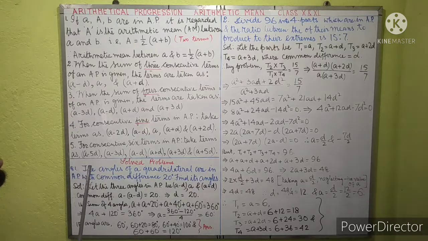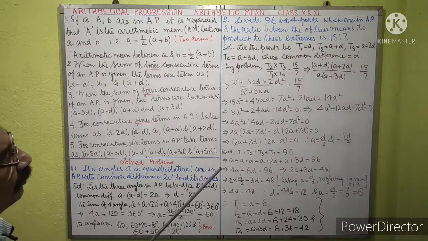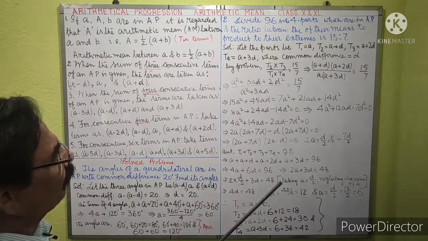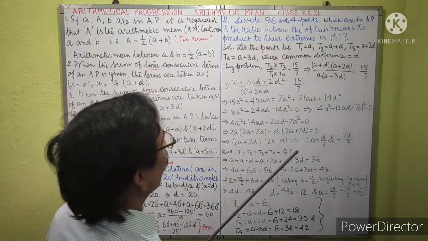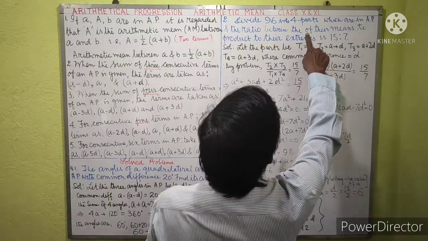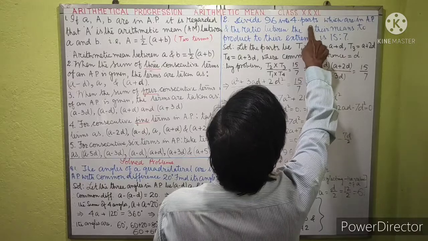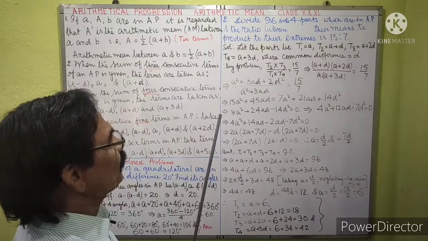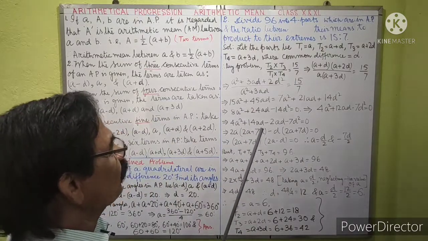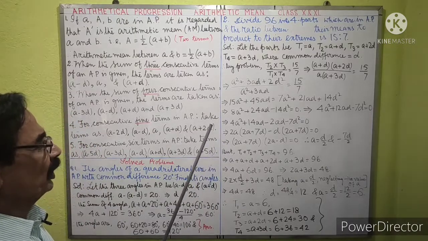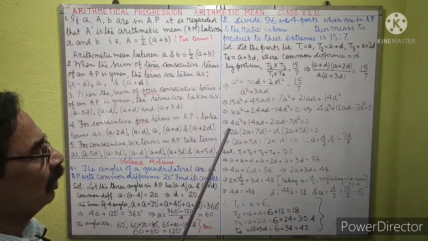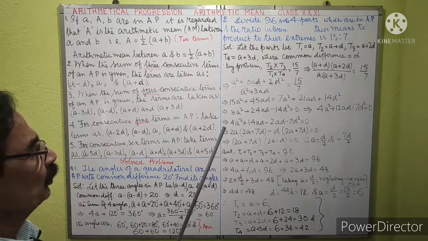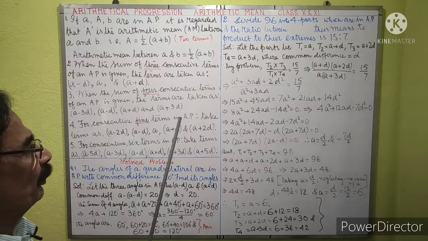Divide 96 into 4 parts which are in AP, and the ratio of the product of their means to the product of their extremes is 15:7. Let the parts be T1 equal to a, T2 equal to a plus d, T3 equal to a plus 2d and T4 equal to a plus 3d.